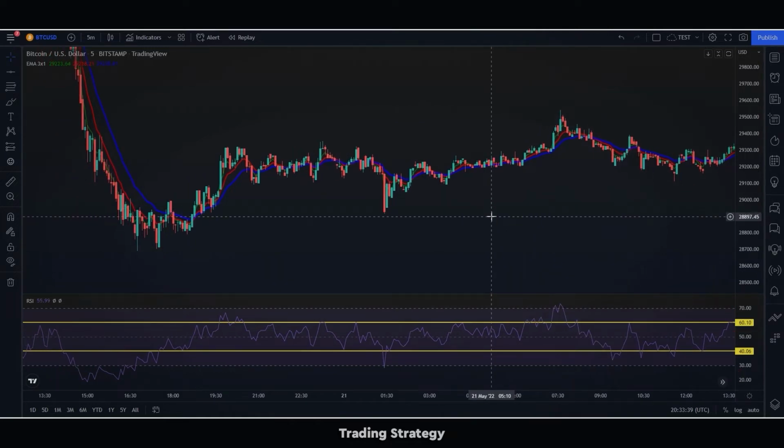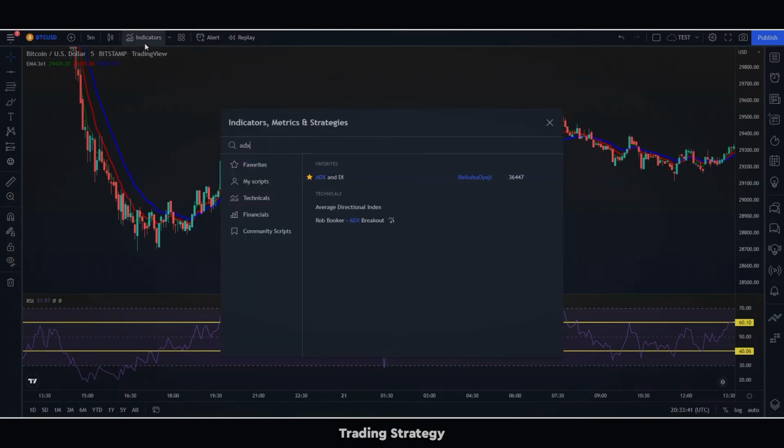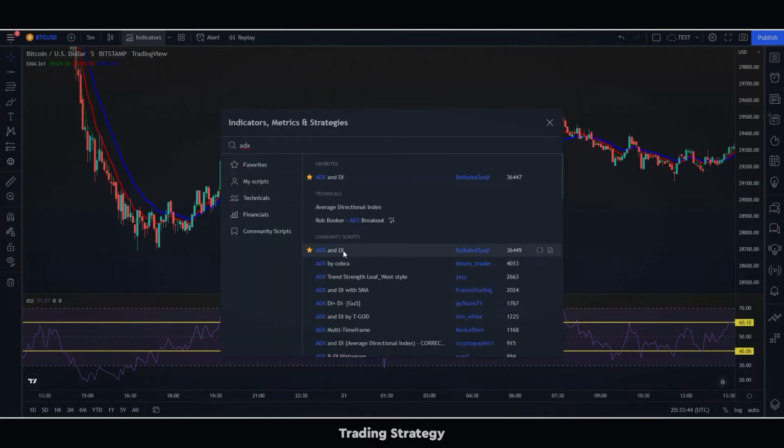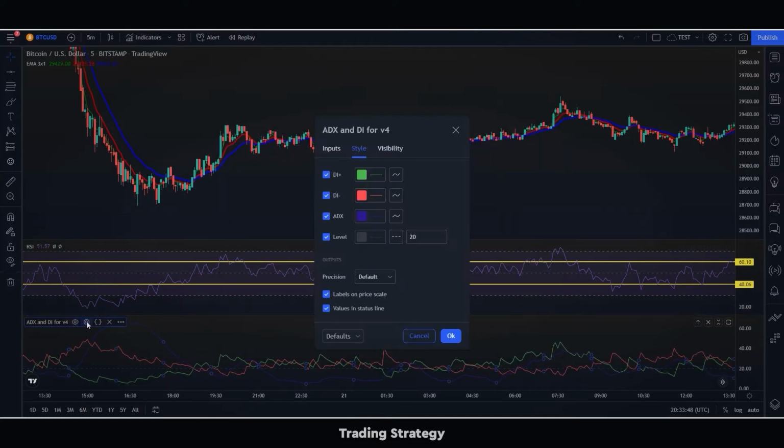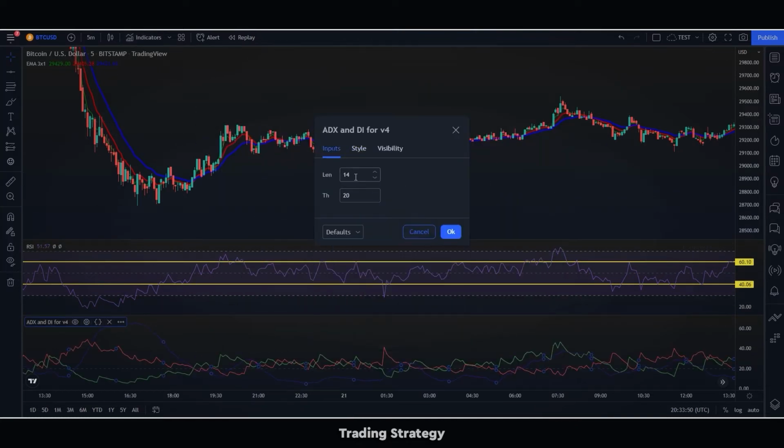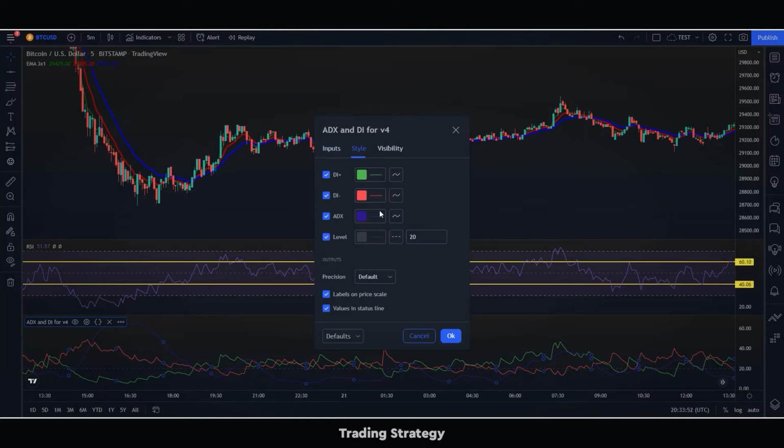Finally, we will select the ADX indicator. Leave it with the default parameters and change the color of the ADX line to white.